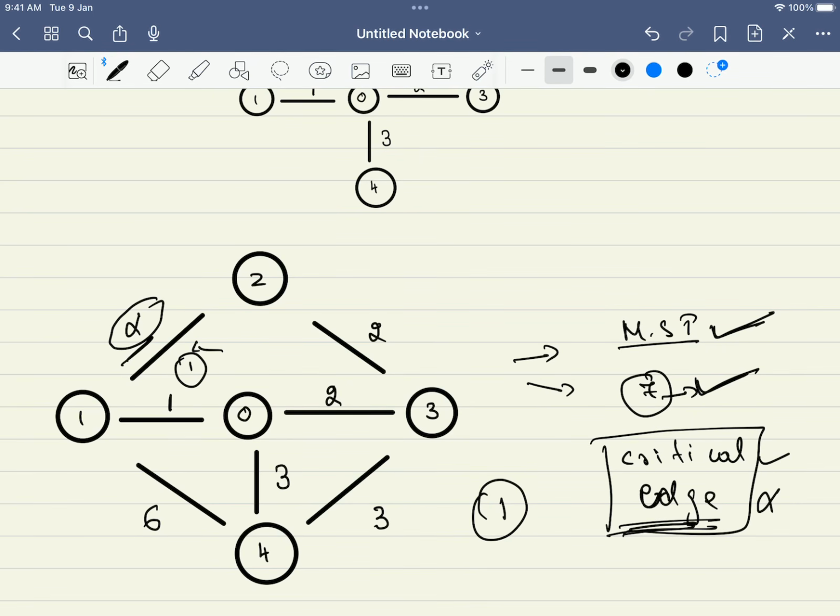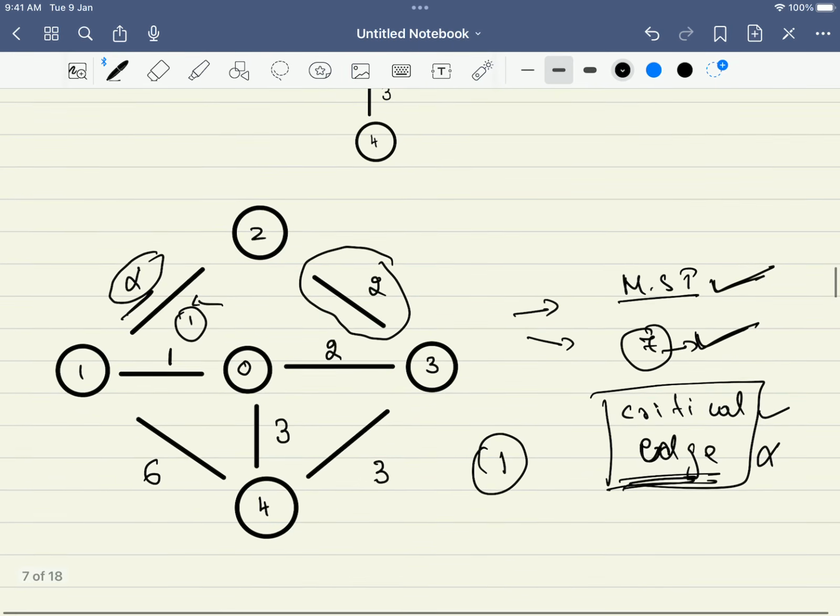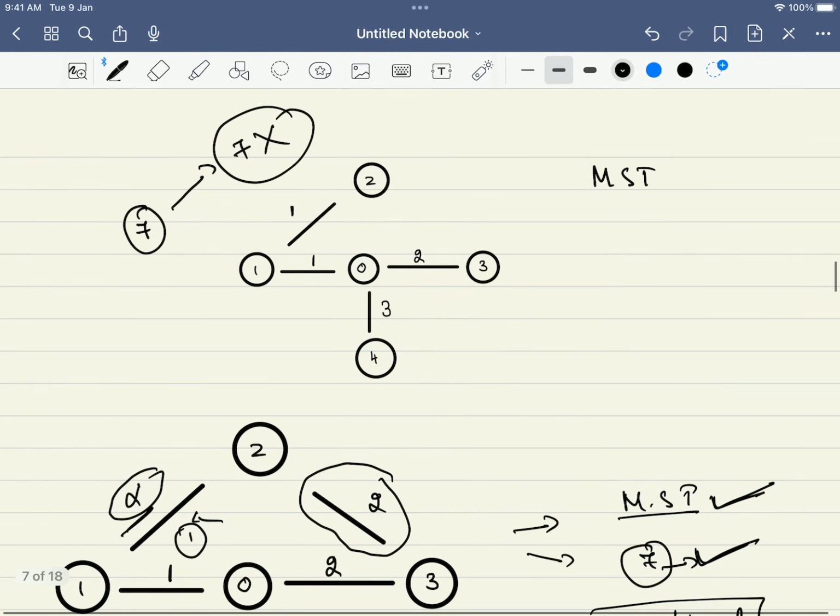Now, how do we find the pseudo-critical edges, right? To find the pseudo-critical edges, we say to the algorithm that this particular edge should be included in this problem. So what happens when we say this should be included? This is the first edge, or the first union, that will be formed.